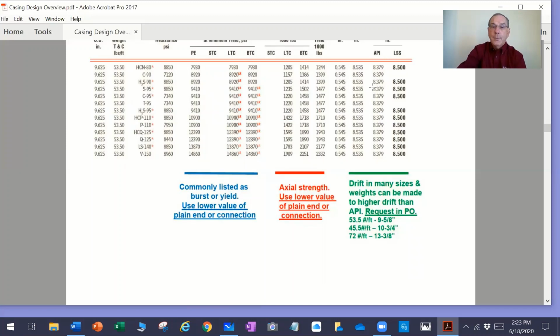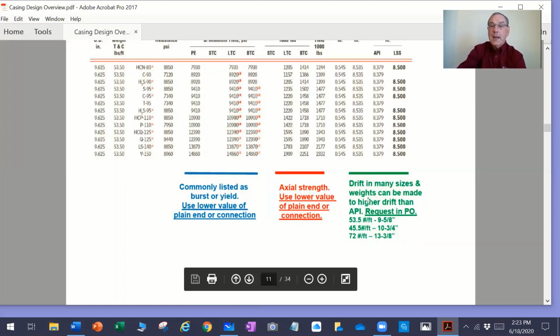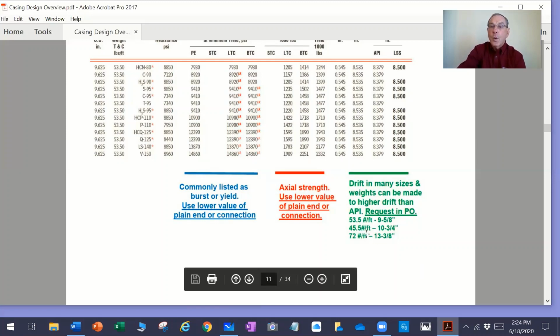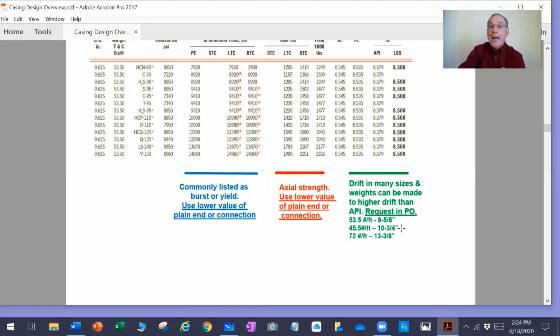For some common sizes that we run, for 9 5/8, 53.5 pound, you can request an 8.5 inch drift. For 10 3/4, 45.5 pound foot casing, you can request a 9 7/8 drift. And for 72 pound, 13 3/8 casing, you can request a 12 1/4 drift. If you request that when you place your orders, you can get it.